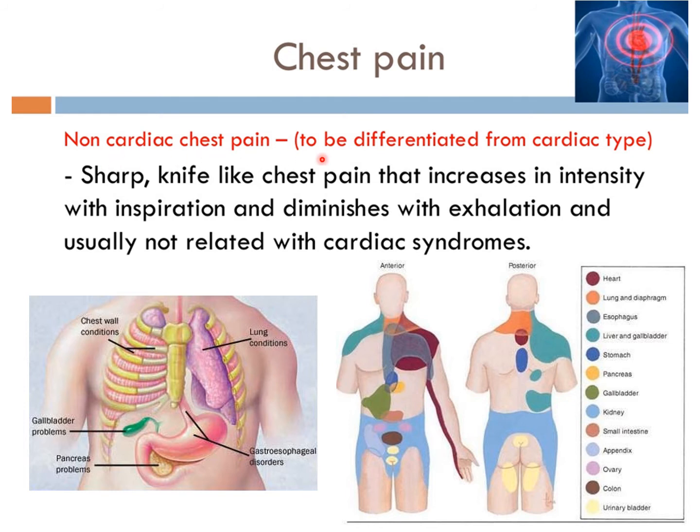So with non-cardiac chest pain, the key thing is it's often more of a sharp, knife-like pain that can vary in intensity, and usually not associated with other symptoms of cardiac insufficiency. You don't see the pallor, you don't see other signs that they're having trouble, or edema, or distension in their veins, what we call JVD, jugular vein distension, things like that.